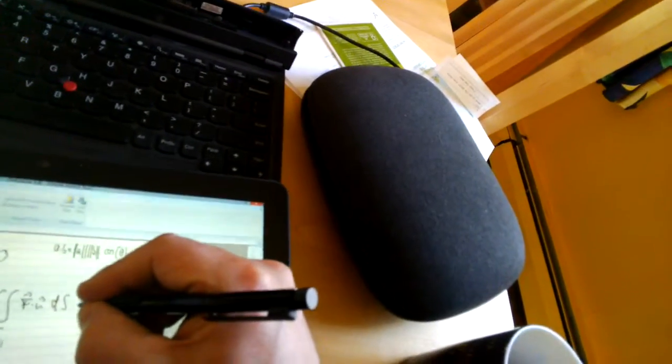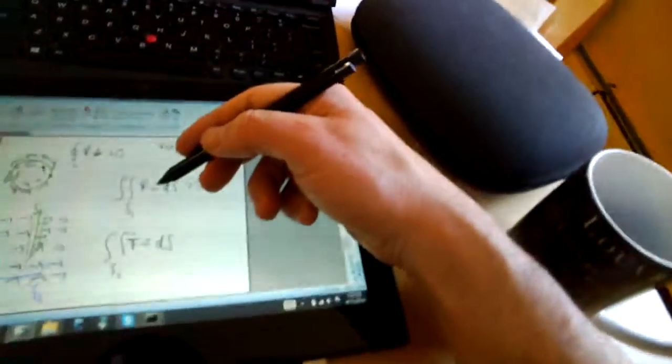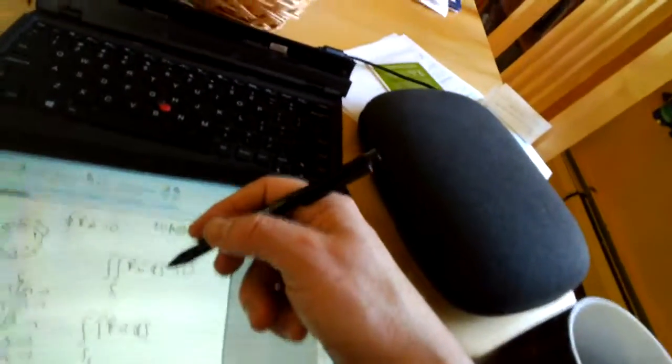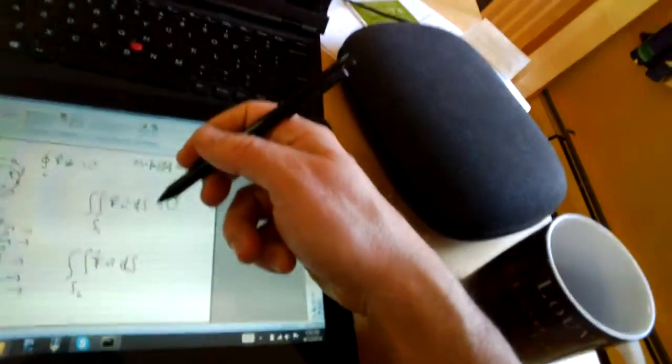Therefore, if these vectors of the vector field and of the normal are parallel, the angle is 0, which means the cosine is 1, which means the dot product is as big as it can be in this case, and it's going to be positive because both vectors point in the same direction. So the flux is going to be positive because F dot n is going to be positive, and the dS integration can only be positive.